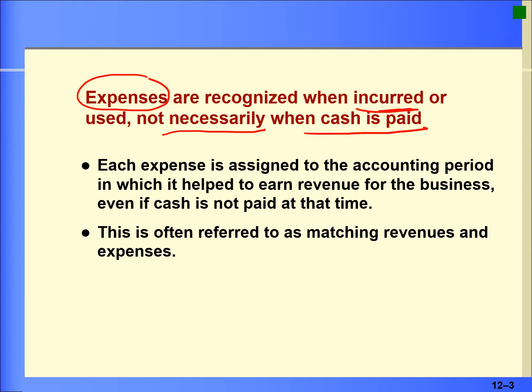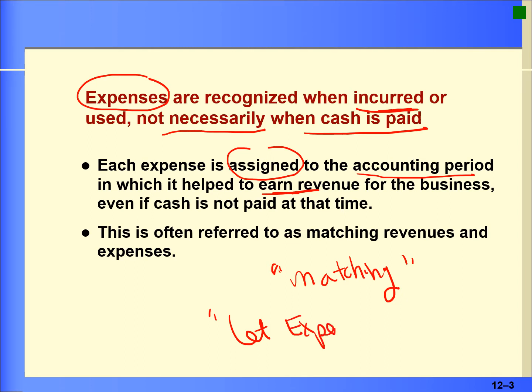You recognize revenues when earned, you recognize expenses when they're incurred, and you typically want to assign those expenses to the accounting period in which they helped to earn that revenue. That's called the matching principle. You try to match the expenses and the revenues, and there's a saying that you let the expenses follow the revenues.